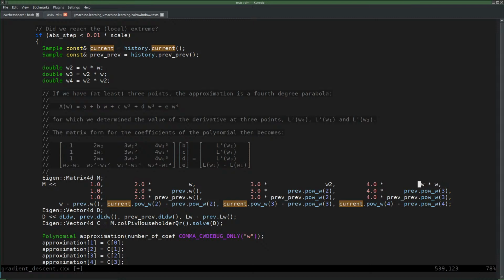Squared, w to the power 3, and here we have w to the power 2 and w to the power 3 and w to the power 4.